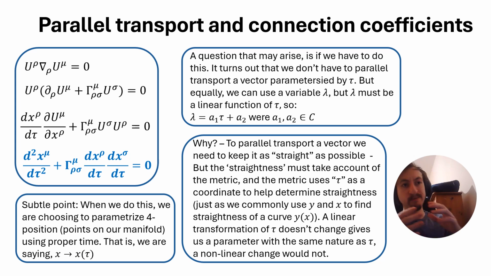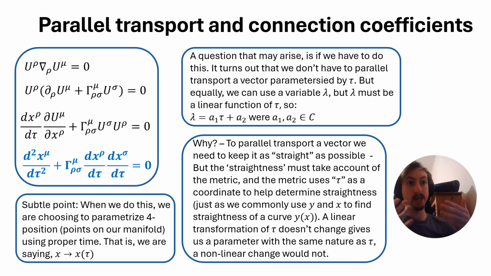So, physically, we care about proper time in its relation to space because we are ultimately trying to extend special relativity. And because of that, the natural parameter that we're using to define points on our manifold is proper time.